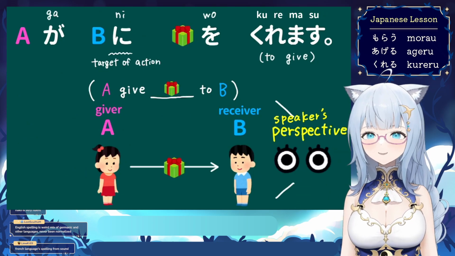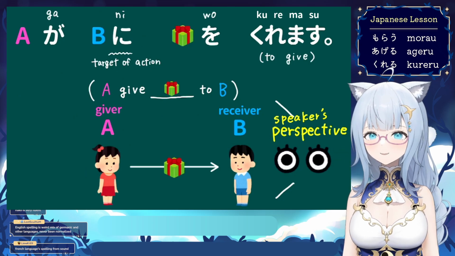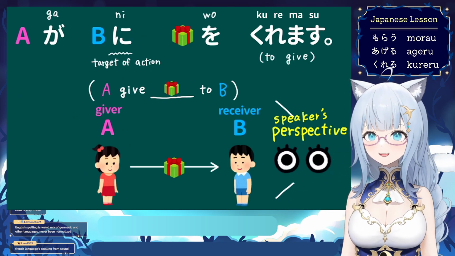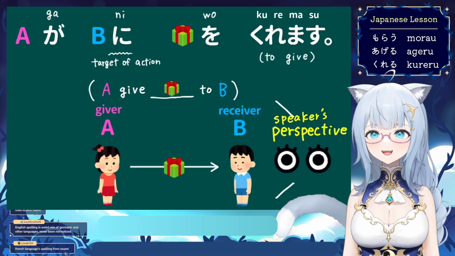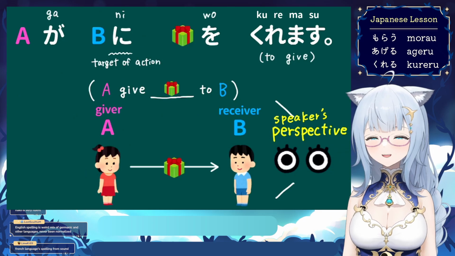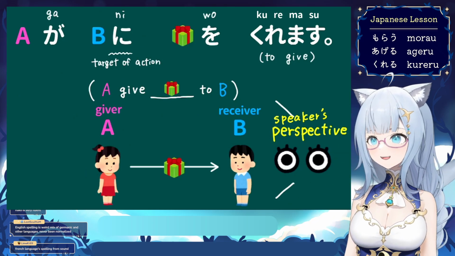In a くれます sentence, A が B に何々をくれます。A gives something to B. A, the giver, is the subject, but the speaker's perspective is the receiver side.